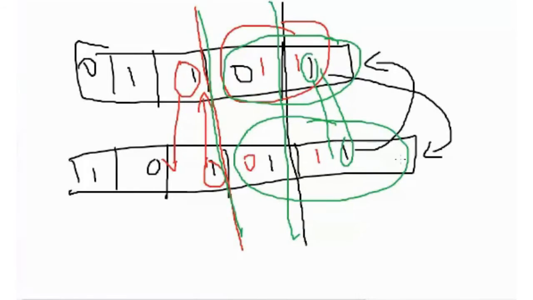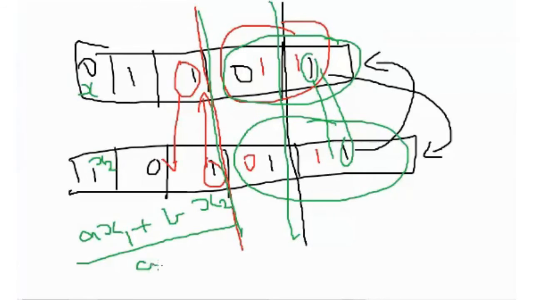And in real life, there are other types of crossover, something called arithmetic crossover. If you have a value called x1 here, and another value called x2 here, when you do arithmetic crossover, you have a into x1 plus b into x2, divided by a plus b.